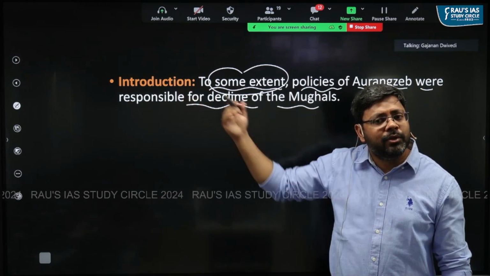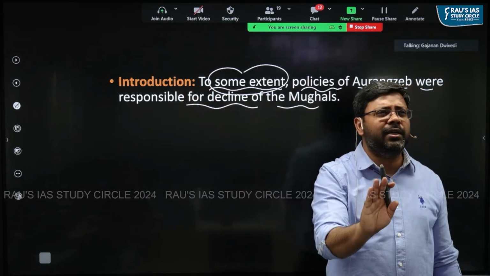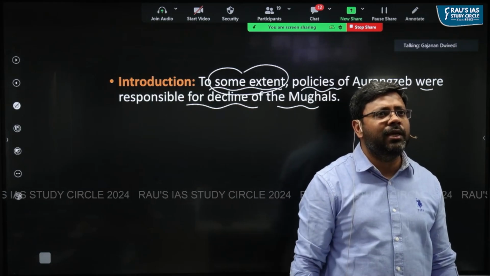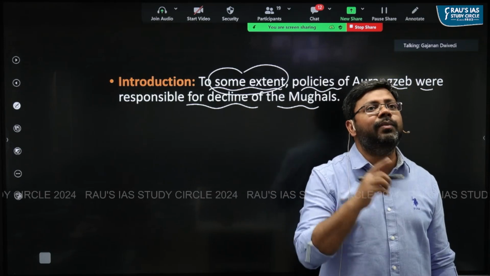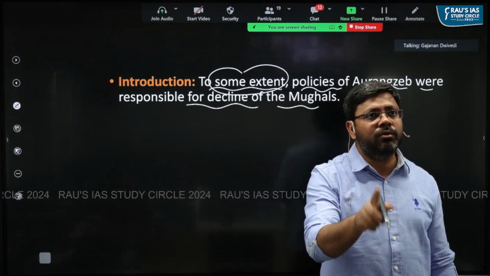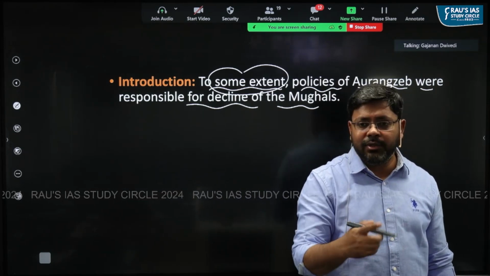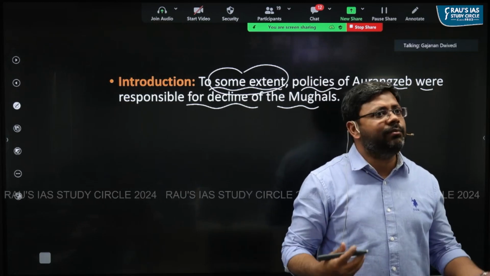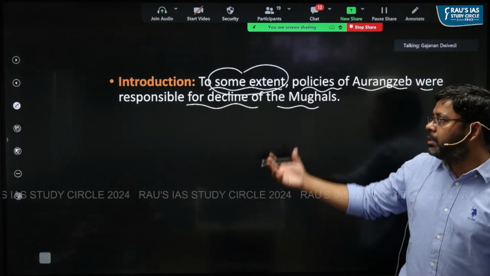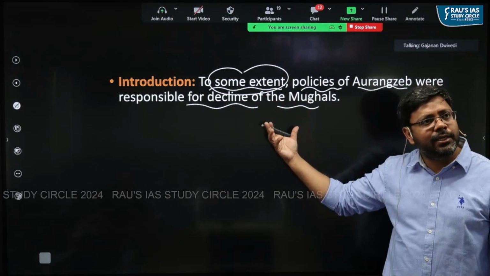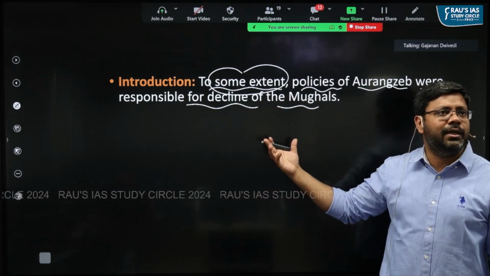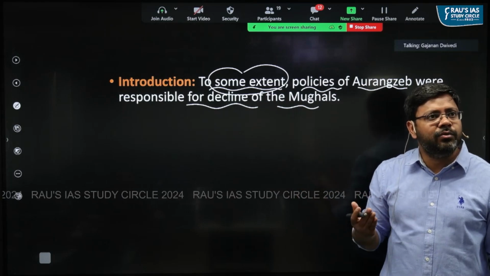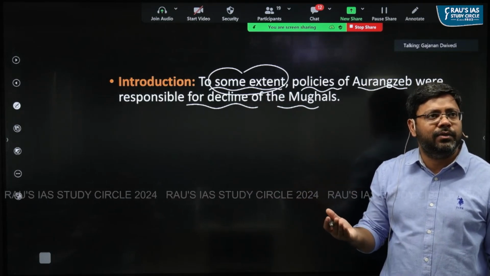Because in the introduction we said that to some extent we agree that Aurangzeb was responsible. So now the examiner knows that we are agreeing with the statement, but partially. So in the answer, we are going to refute that. So the examiner himself knows after this introduction that we will agree only partially. So in writing, we will now counter that point as well.